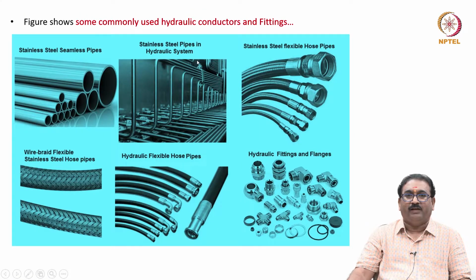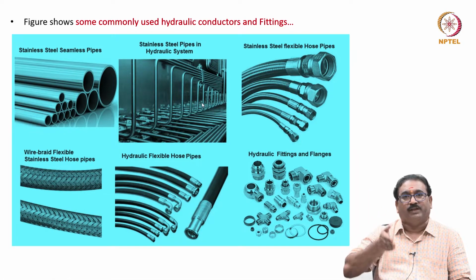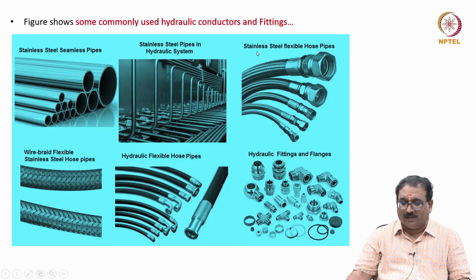Now we will see here the figure shows the photographic view of the stainless steel seamless drawn pipes. Here it will show in the hydraulic industry how the stainless steel tubes are used for connecting one part to another to transmit the fluid flow. Then you will see here stainless steel flexible hoses.